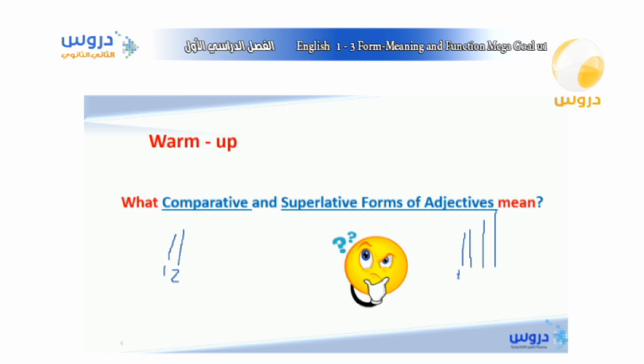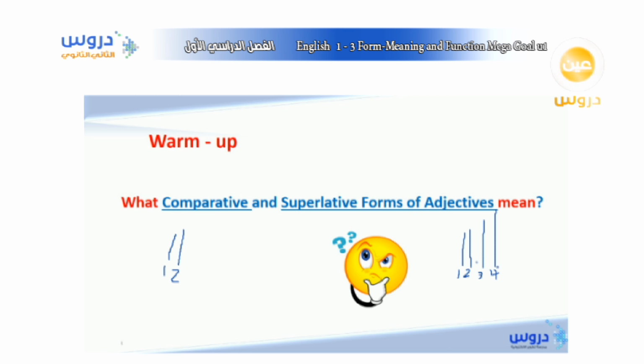But when we find 1, 2, 3, 4, we have more than 2 lines, 4 lines. We can say that number 4 is the tallest. Number 1 is the smallest or the shortest.